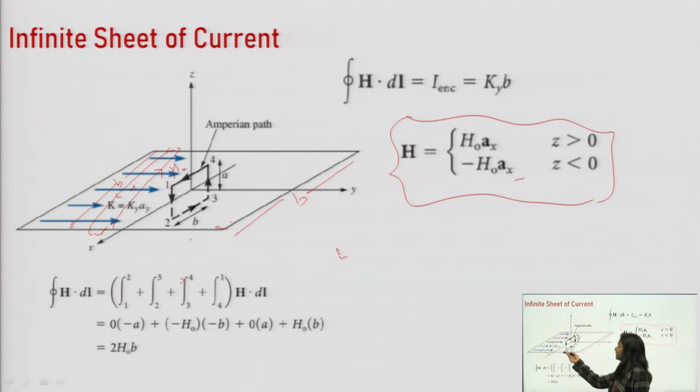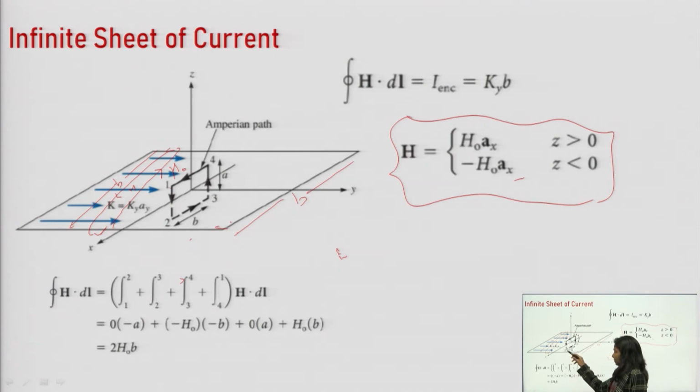Because this is a very thin sheet and its thickness is almost negligible, so H in this direction will be 0. The dl from 1 to 2 is a, but going downward, in the negative z direction, so we take minus a.